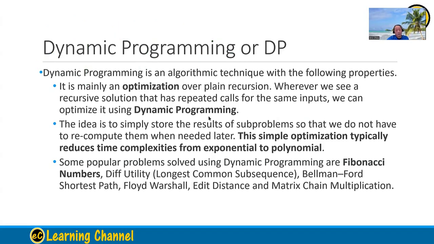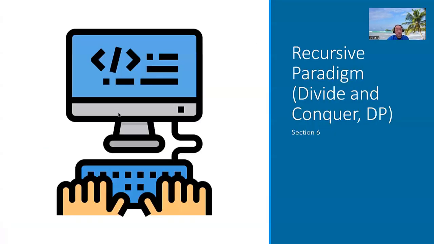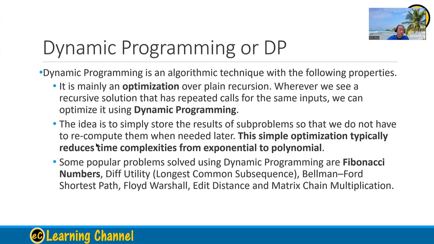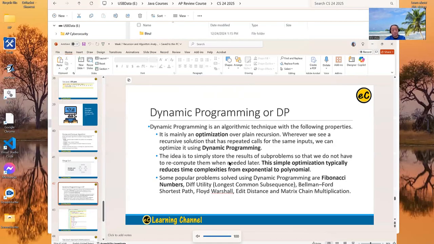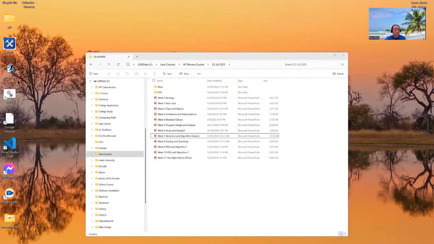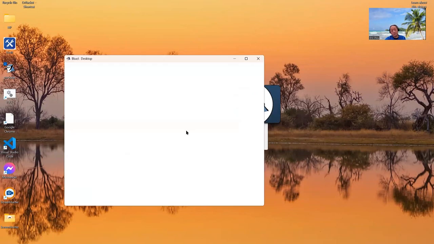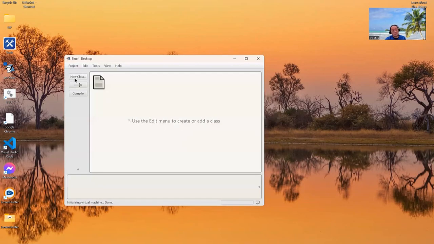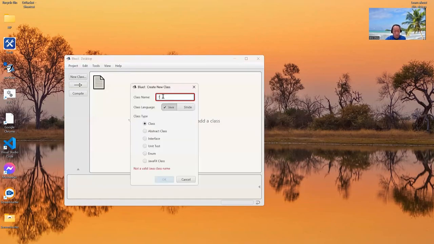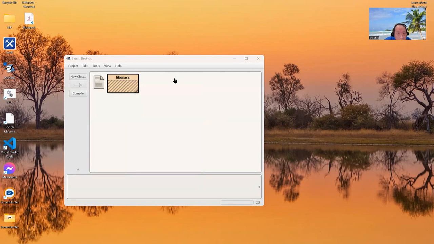This one is different from top down. So let's actually talk about this Fibonacci one more time.